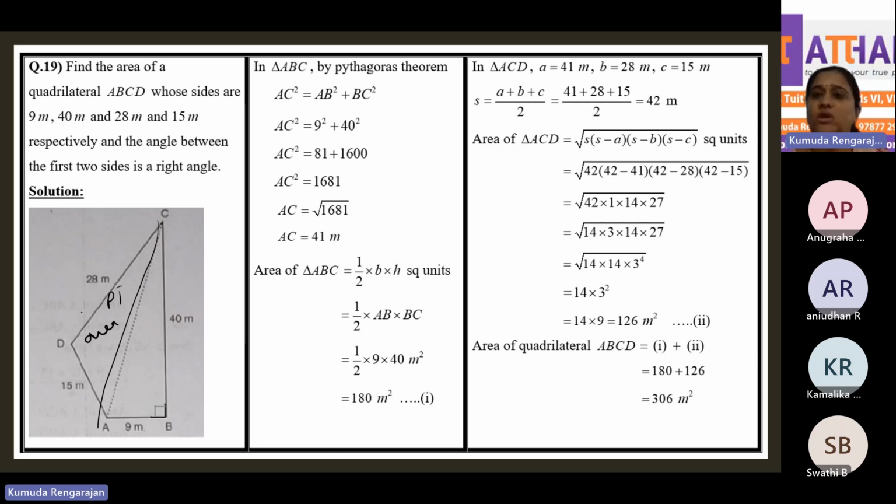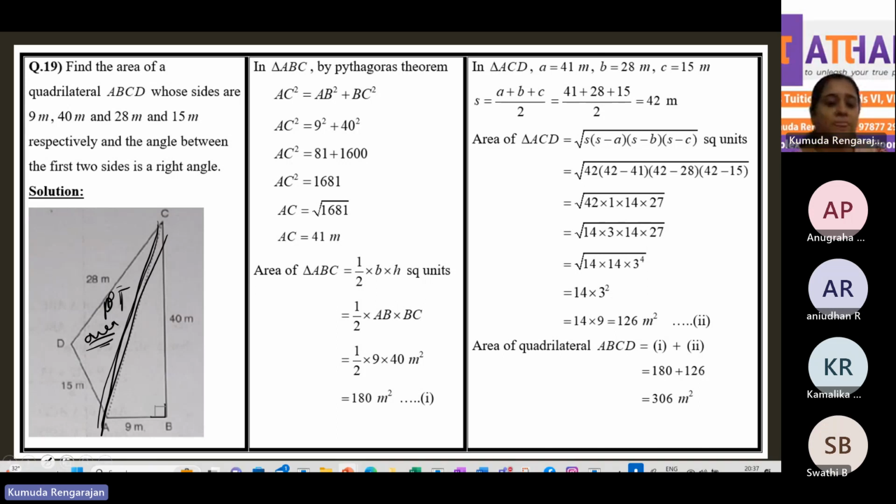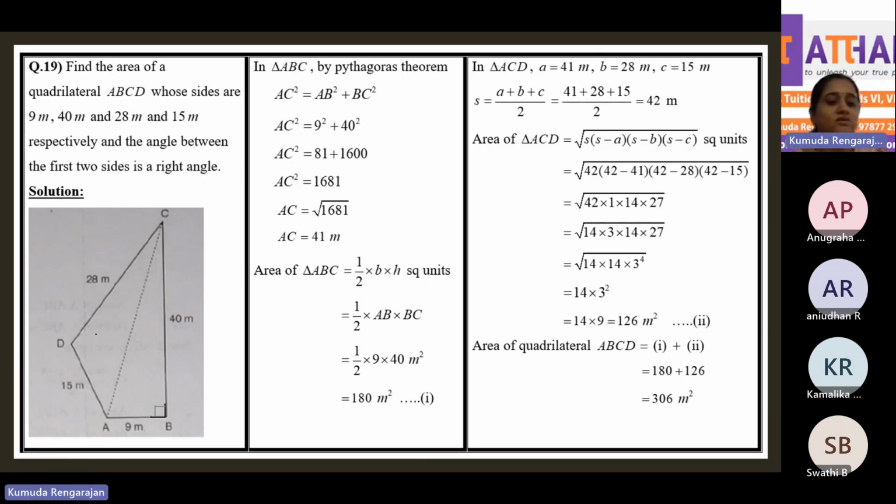You can use Pythagoras theorem only if the triangle is a right triangle, not for every triangle. You cannot use it here. You should use it here and find AC, and that is 41.